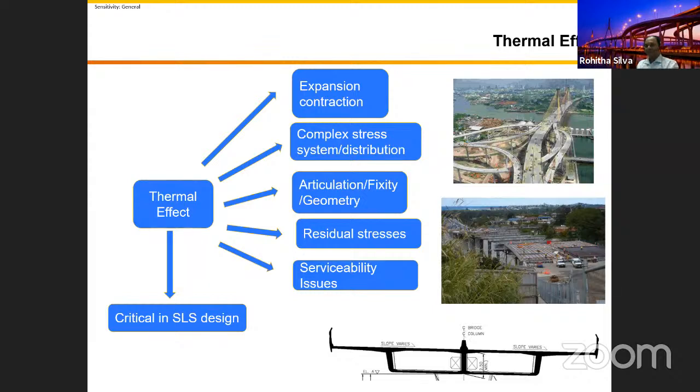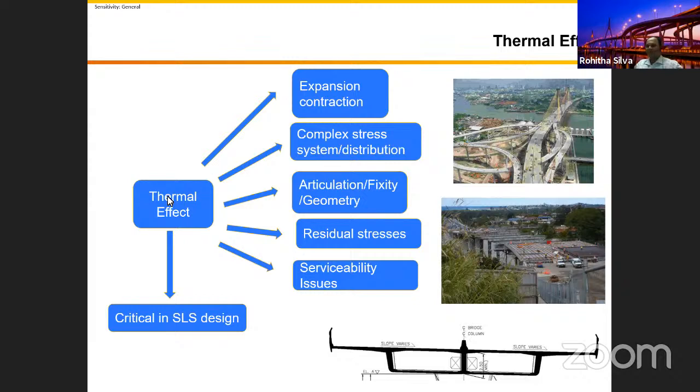Because of that, all these standards were developed in these countries. The way they consider the thermal effect is to capture these conditions. Australia, for example, also has very cold and very hot climate areas, and they developed the standards to cater for all those things.